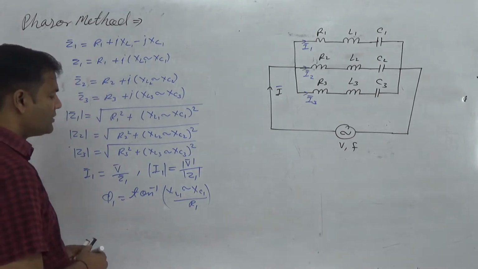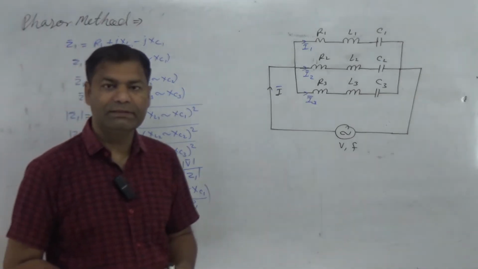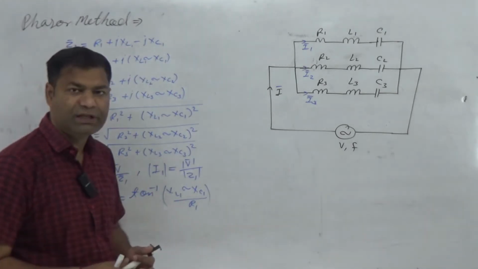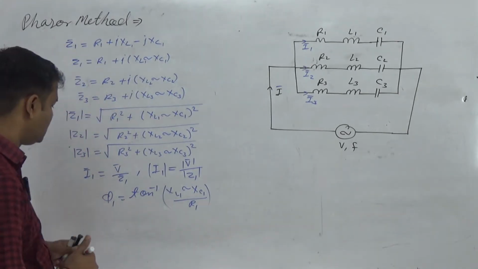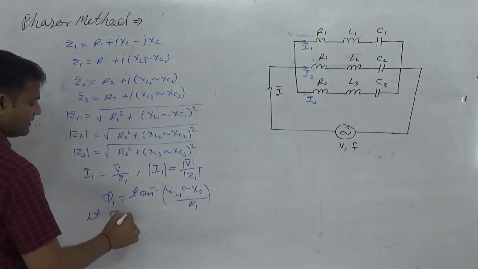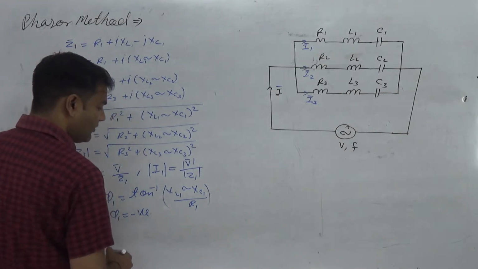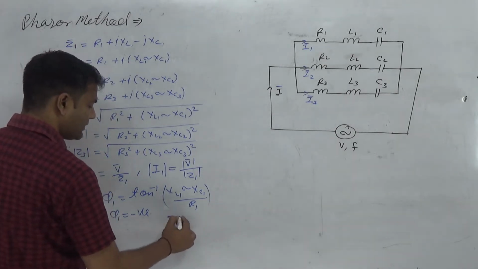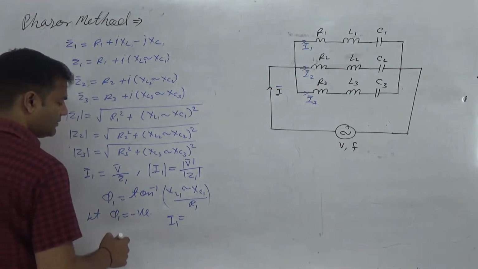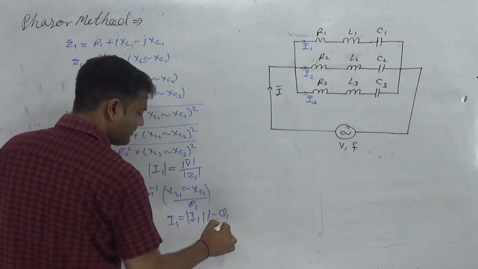Suppose that this value is negative. Let phi1 be negative. If phi1 is negative, then in phasor form I1 can be written as mod I1 at the angle minus phi1.